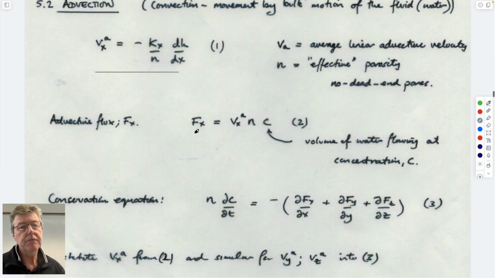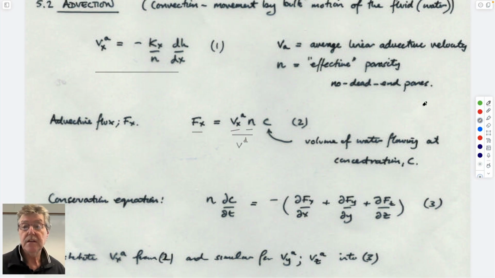And so now we can think of that flux that's carried by advection as being the advective velocity, this A here is advective, the porosity. So actually the advective velocity times the porosity is the Darcy velocity by definition, and the concentration is the mass per unit volume.